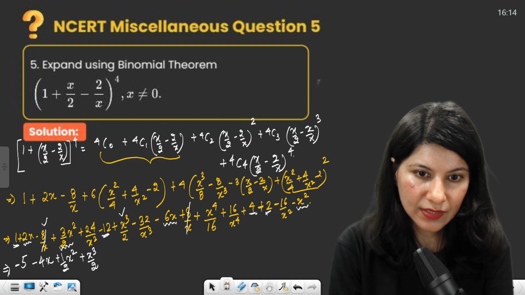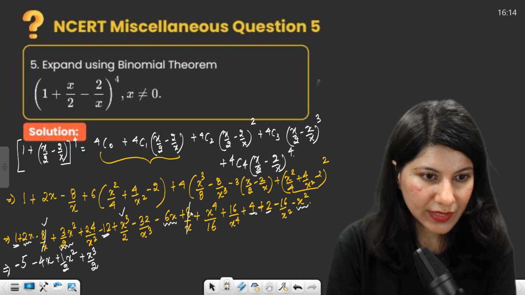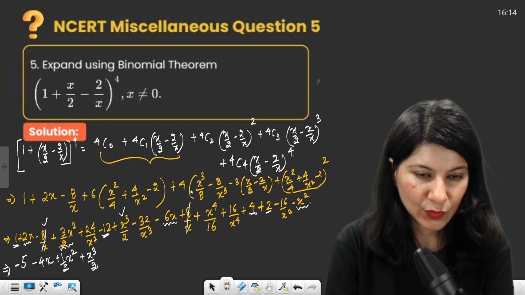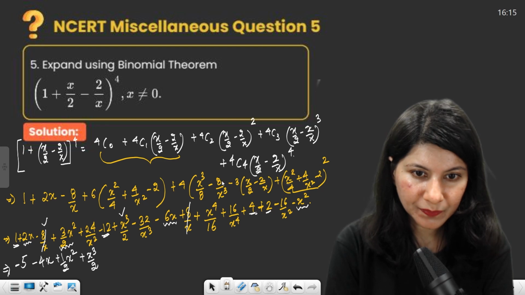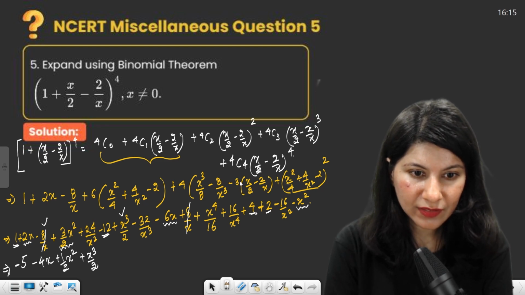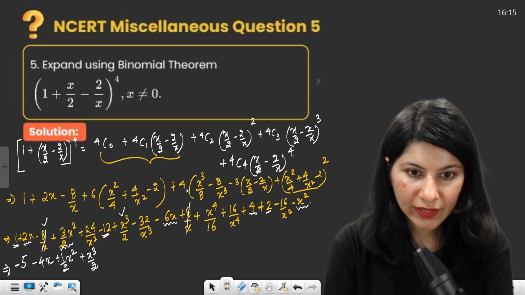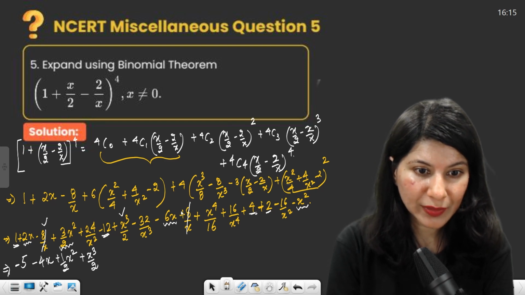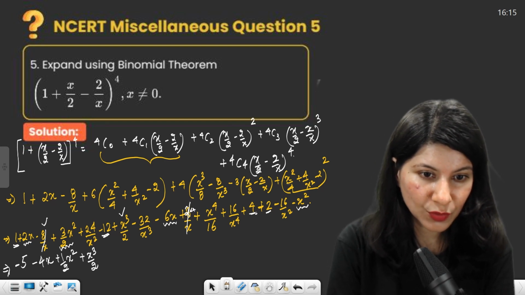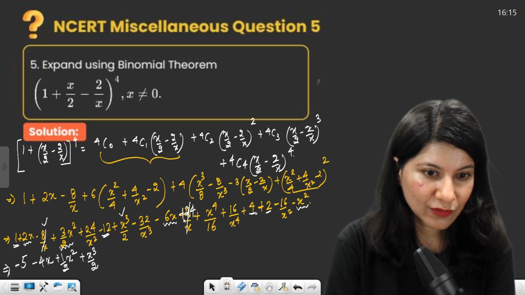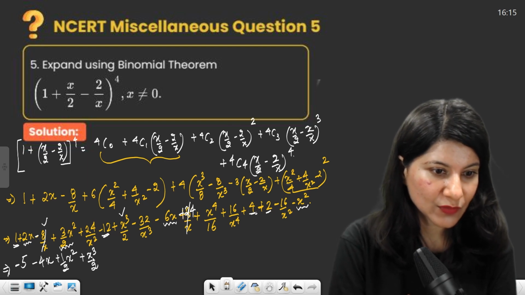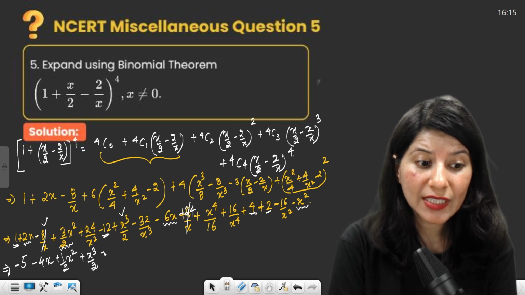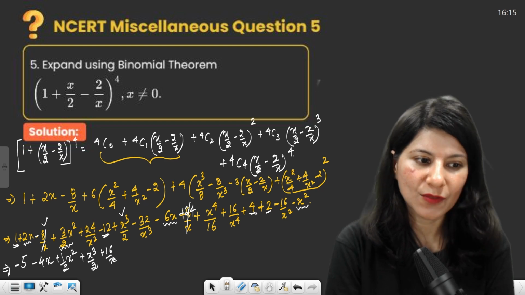And how are we getting this? So 4x cube. 4 3s are 12. And 3 2s are 6, plus 6, 6 4s are 24. Actually, this is 24. Plus 24 and minus 8. So plus 24 minus 8 is what? Plus 16 by x. Sorted.